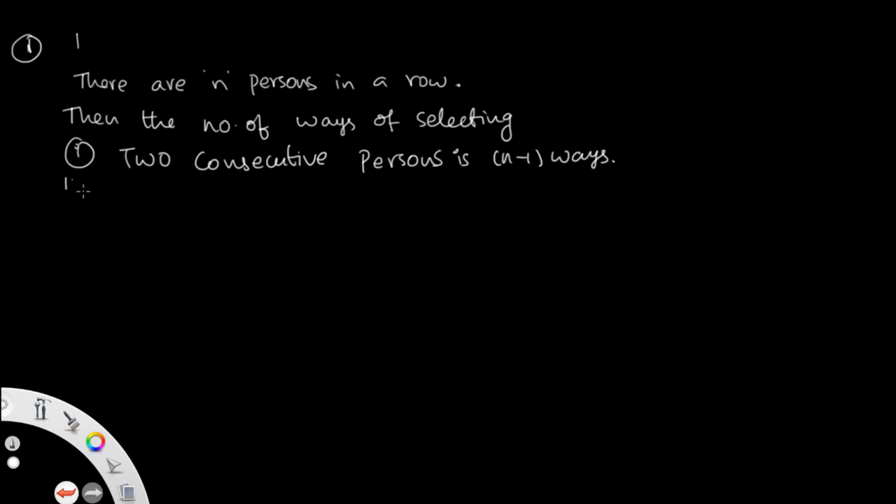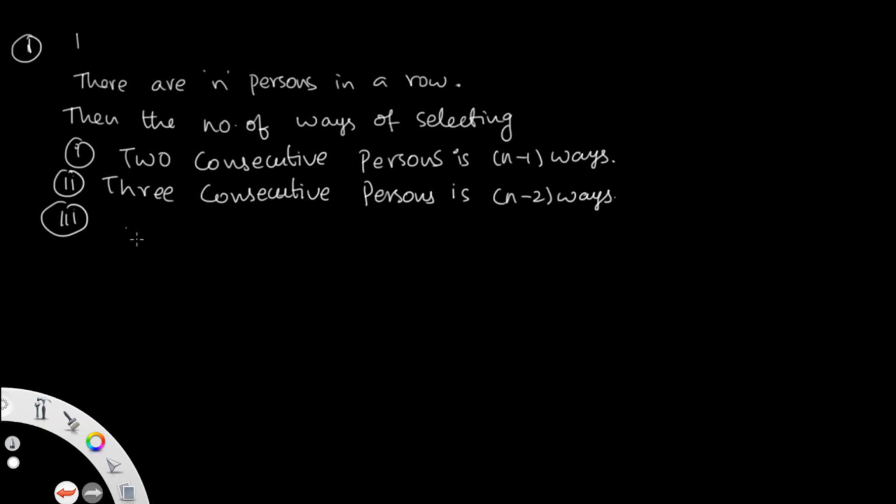Similarly, second one, three consecutive persons is n minus 2 ways. That is the third one: four consecutive persons is n minus 3 ways.